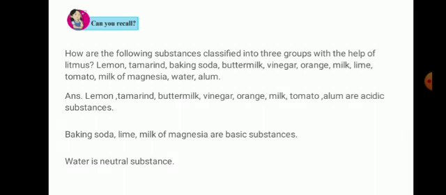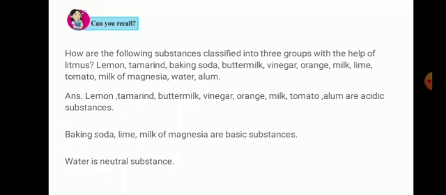How are the following substances classified into three groups with the help of litmus? Have you understood the question? How will the substances be classified into three groups with the help of litmus paper? If you take blue litmus paper and put it in acid, then blue litmus paper will turn red.